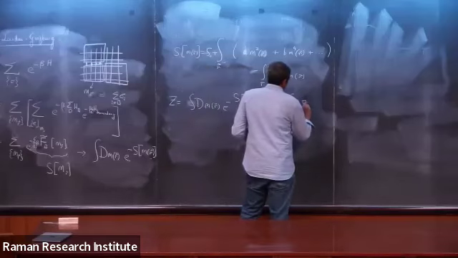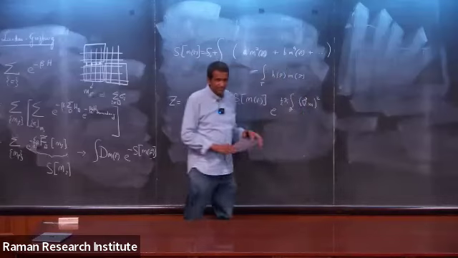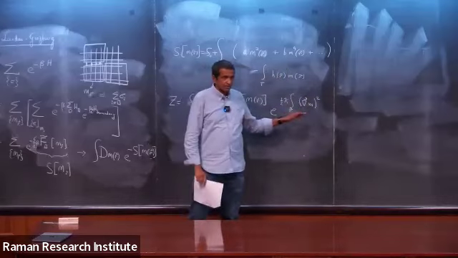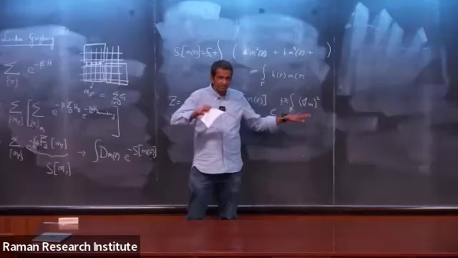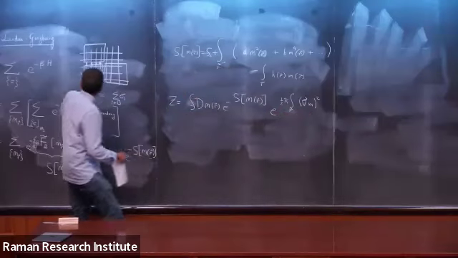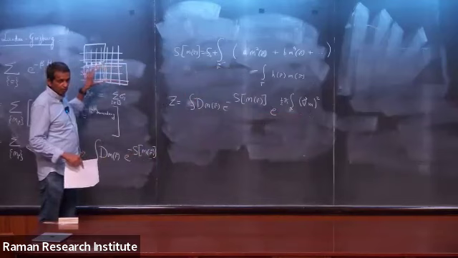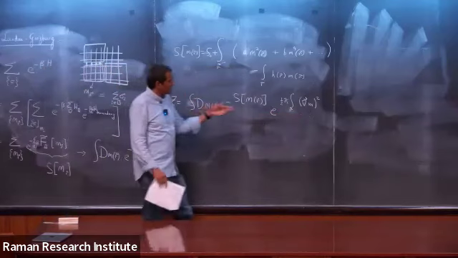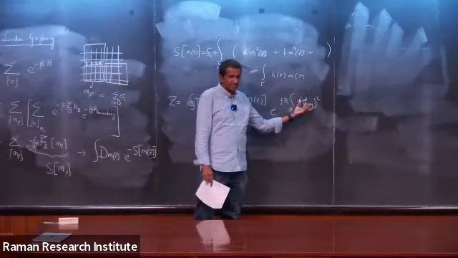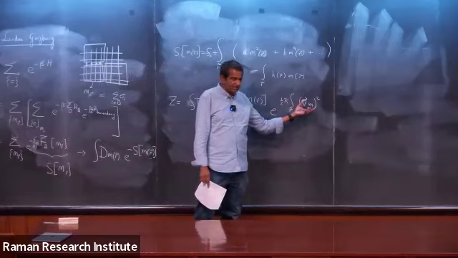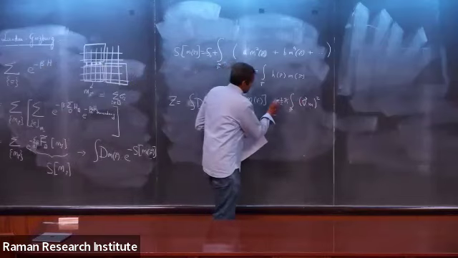What it's going to try and do is prevent the magnetization from varying sharply over the scale of this particular block here. When I go from one block to the next, anything which involves large gradients in the magnetization will be penalized.